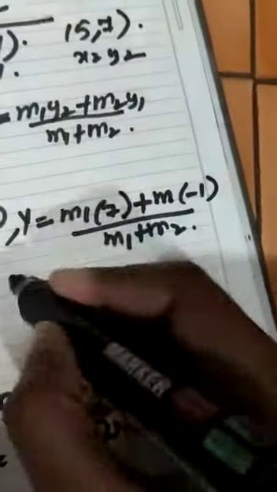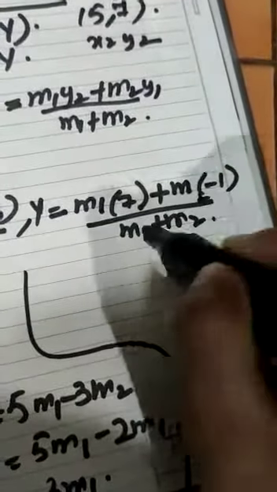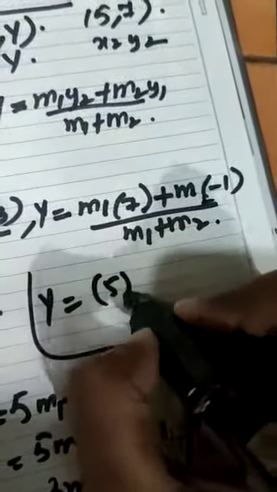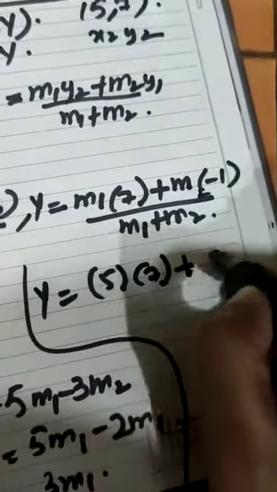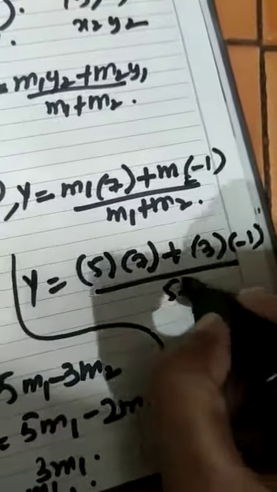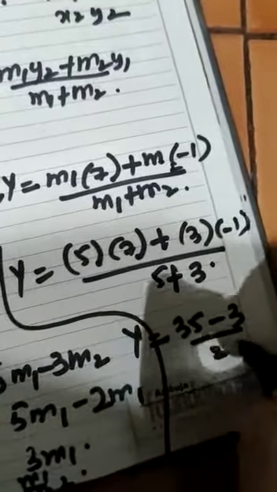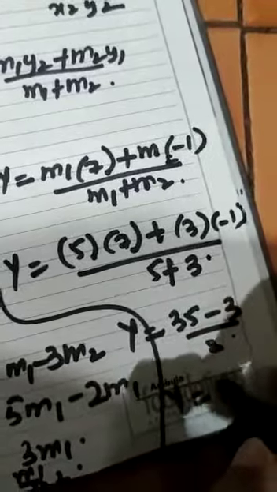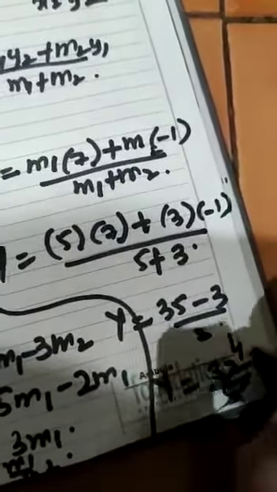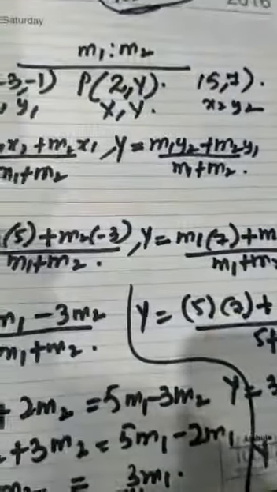Y is equal to (m1 y2 + m2 y1) over (m1 + m2). So Y is equal to (5 times 7 + 3 times -1) over (5 + 3). So Y is equal to (35 minus 3) over 8. Y is equal to 32 over 8, and 8 fours are 32. So the value of y is equal to 4.